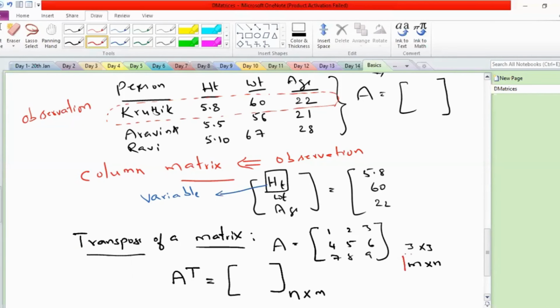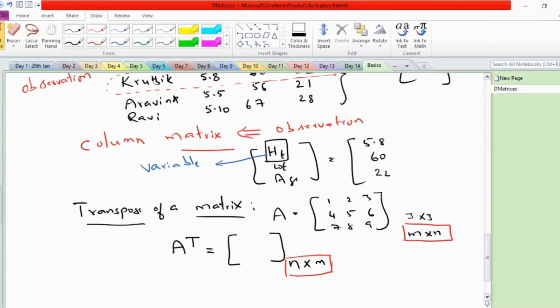Here the dimension is m by n. Transpose is nothing but rows become columns and columns become rows. That is your transpose.